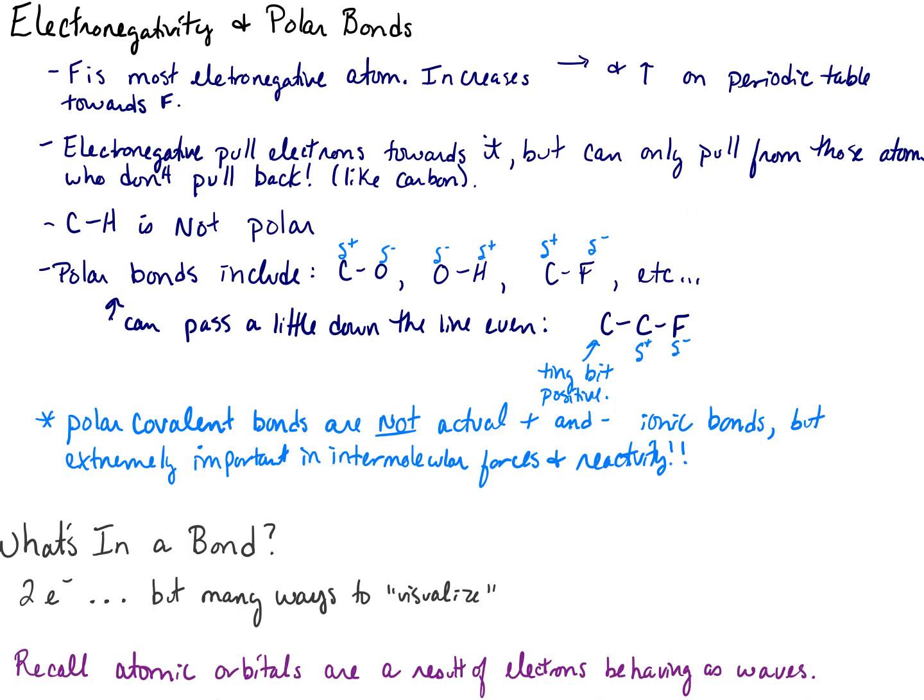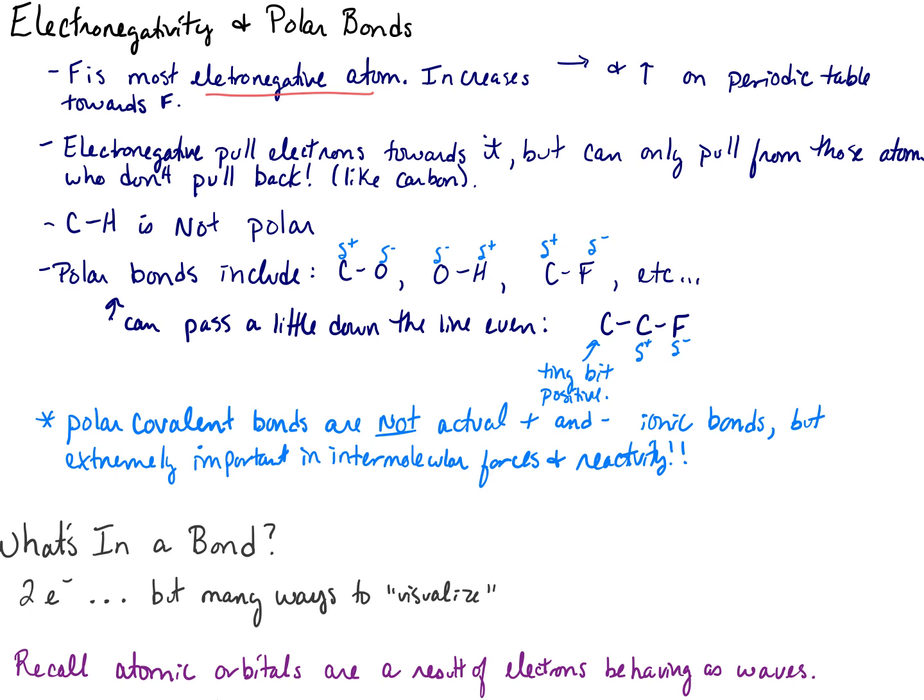Okay. So now let's start looking at what type of things electronegativity affects. Remember, on the periodic table, fluorine, which is the halogen in the top right corner, is the most electronegative atom.